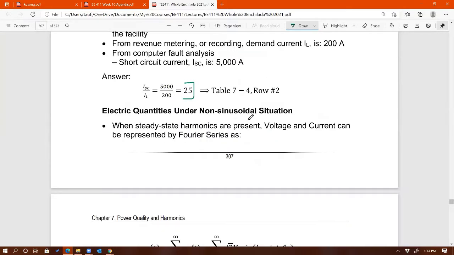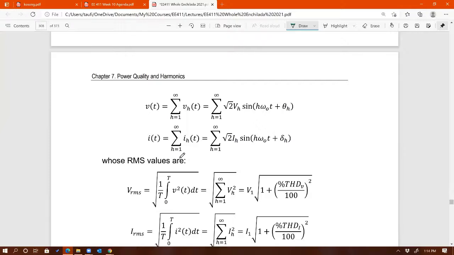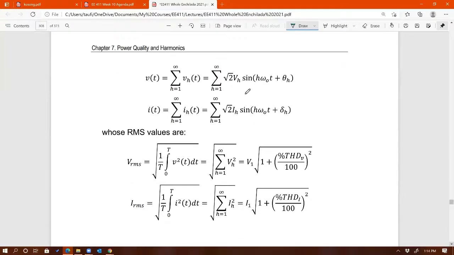All right, now we go into how we can calculate harmonics, quantify harmonics. With the presence of harmonics, this is the Fourier series of voltage and current that has harmonics in it. You can see that they are Fourier series for voltage and current, and you can calculate the RMS.